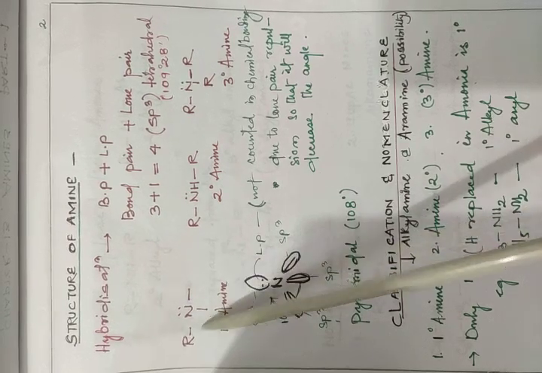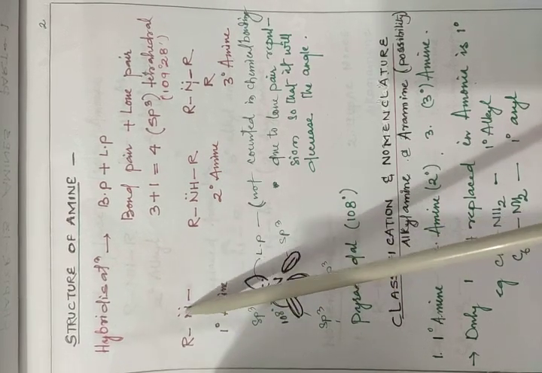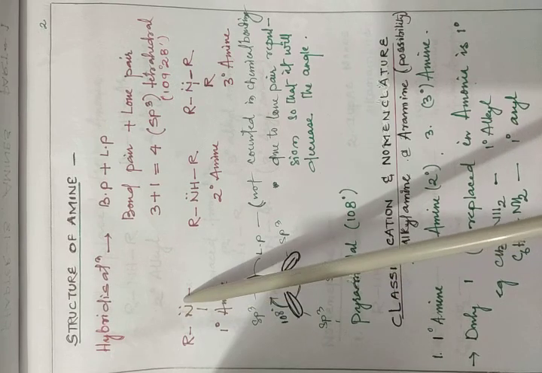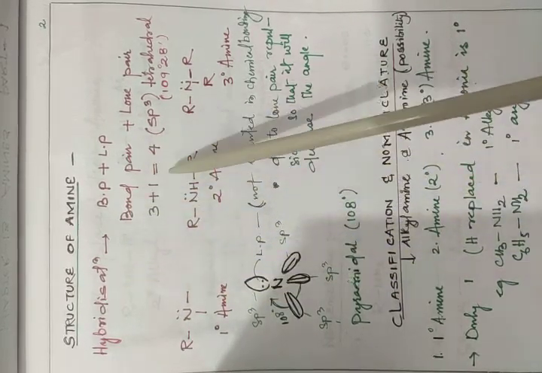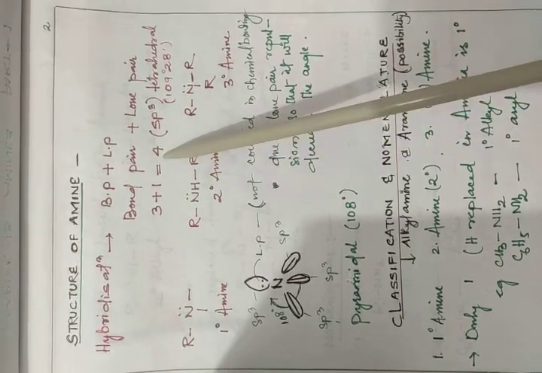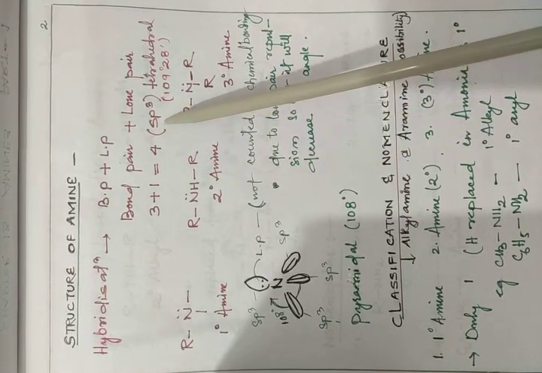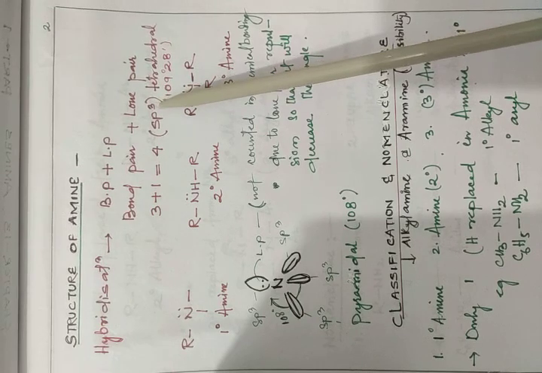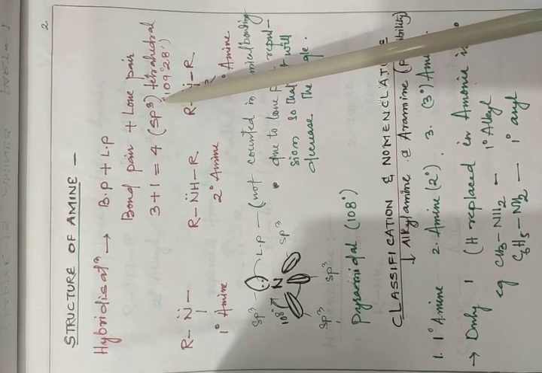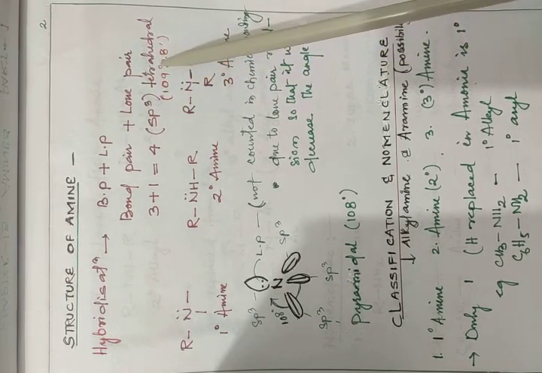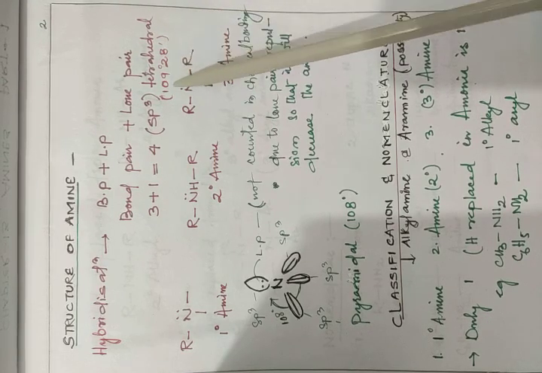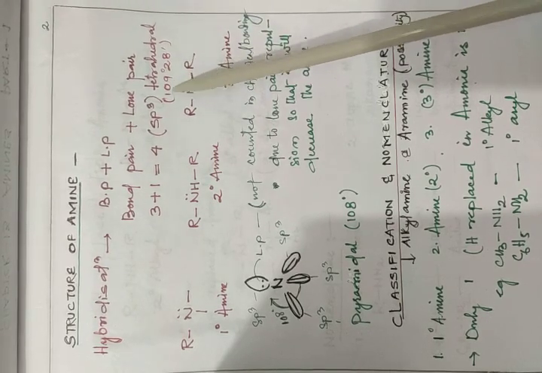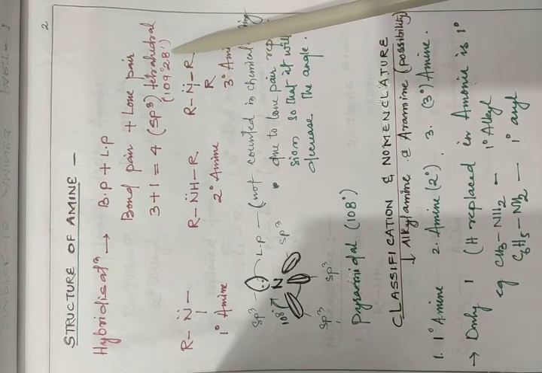So 3 bond pairs are there, along with 1 lone pair. So the hybridization number of amine is 4. If it is 4, then we say sp3 hybridized, that means tetrahedral, and the angle of the tetrahedral is 109 degree 28 minutes.